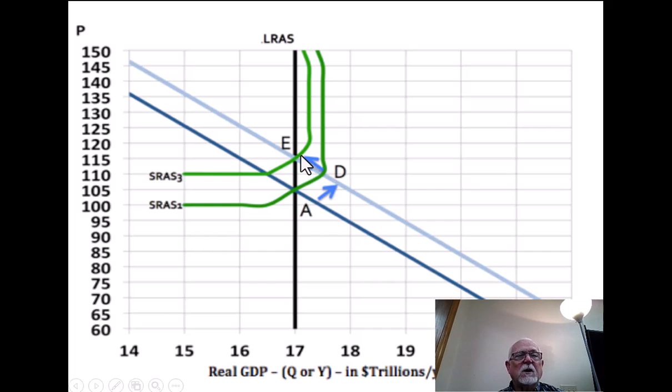And so that'll cause a leftward shift as wholesale costs go up, and lo and behold, moves us back to point E. Now, admittedly, there's some good inflation. I don't mean good in the sense of value-wise, but there's a good amount of inflation, because from A to D and then D to E, but we do pull back to a sustainable level at point E. So that's the typical inflation.